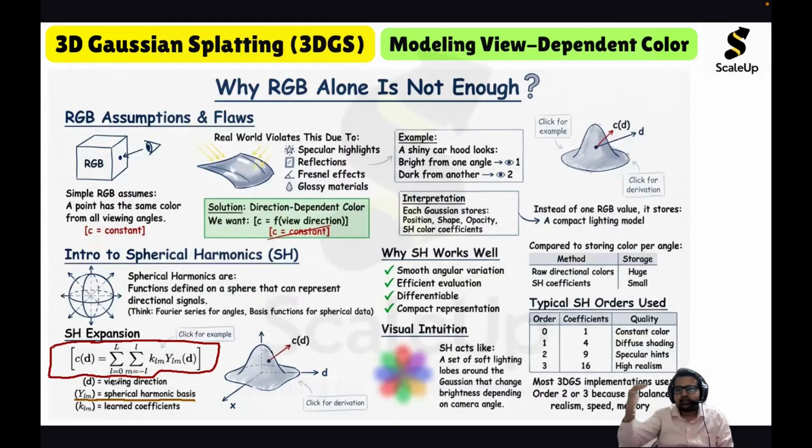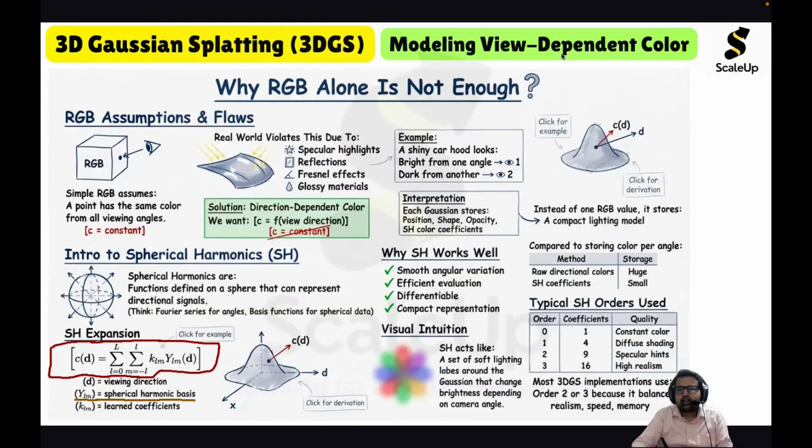Degree means we can have degree 0, 1, 2, 3. The degree decides the realism. Let us suppose we don't want much detail or a very realistic scenario; we can choose a low degree, like degree 1.